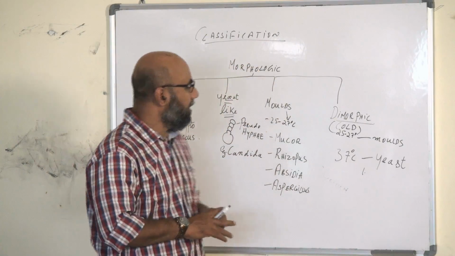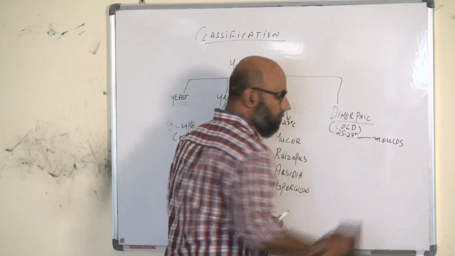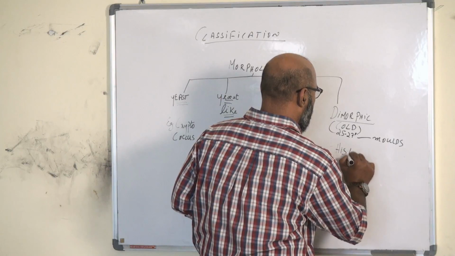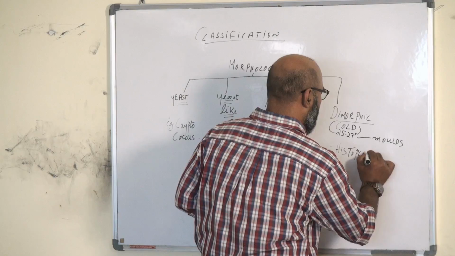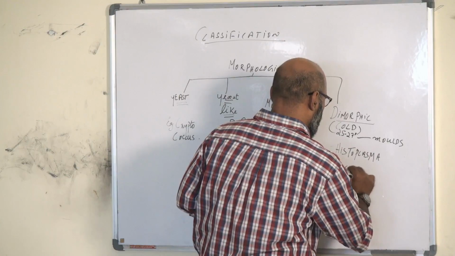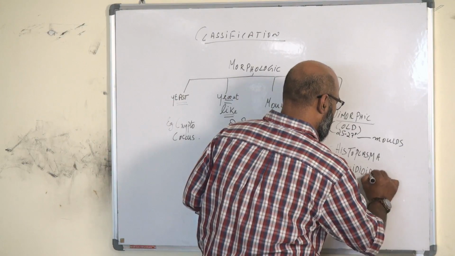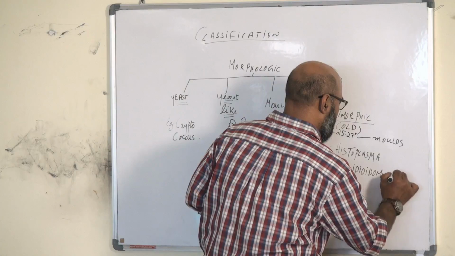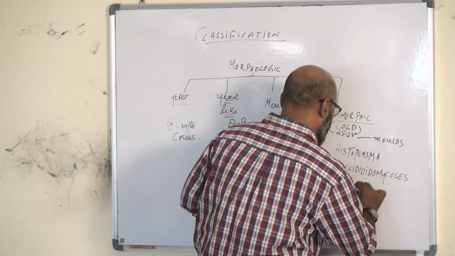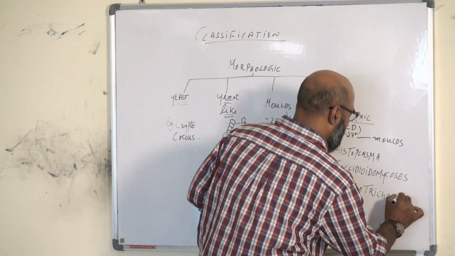Okay, and examples of dimorphic fungi are the histoplasma, coccidioidomycosis, sporotrichosis, and so on and so forth.